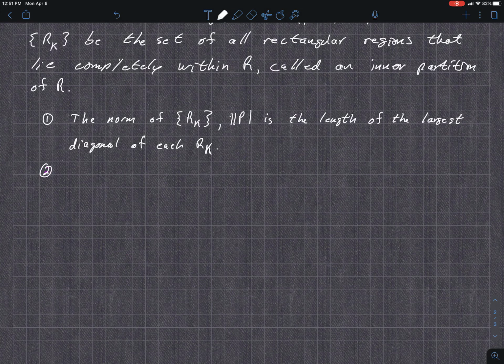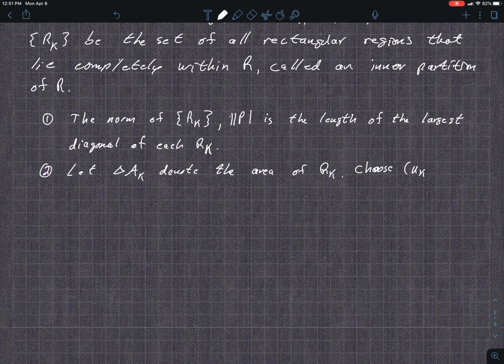2, oops, let me change colors there so you can actually read it. So 2, we're going to let delta A sub k denote the area of R sub k. So it's the area of R sub k.